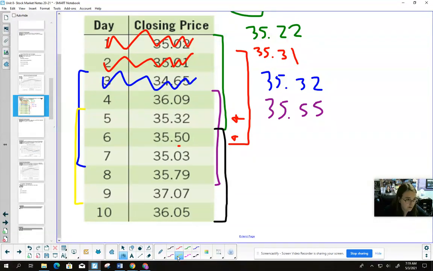So we've got 35.32 plus 35.50 plus 35.03 plus 35.79 plus 37.07 divided by 5. 35.74, and the last one is black. 35.50 plus 35.03 plus 35.79 plus 37.07 plus 36.05 divided by 5.